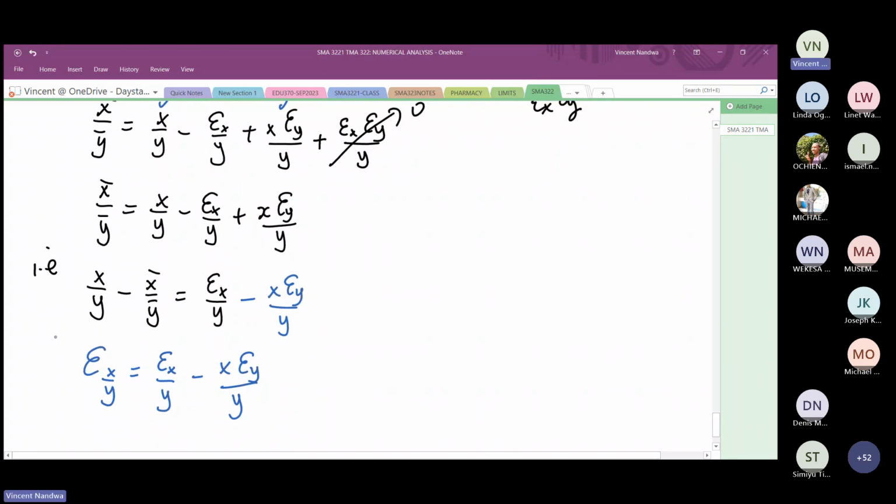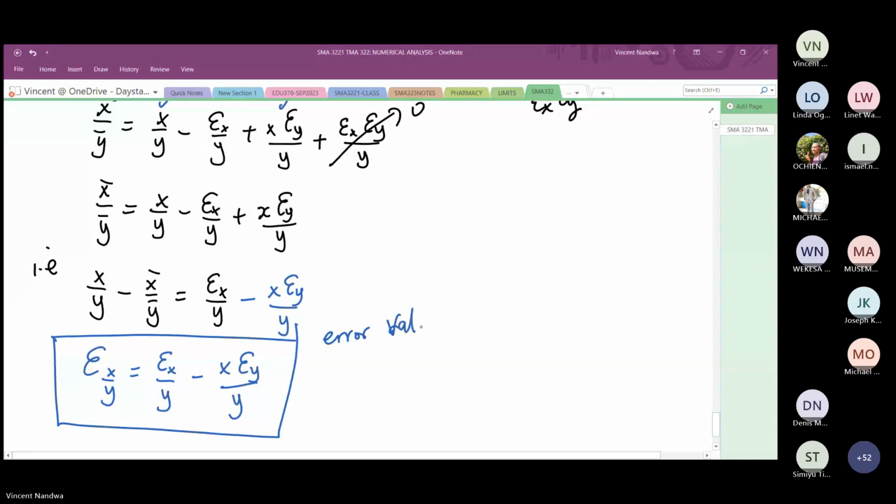So this will be the error value or quantity in the quotient of x and y.